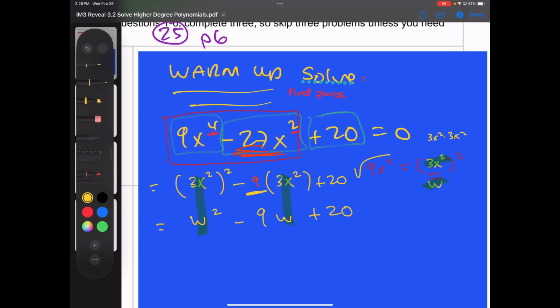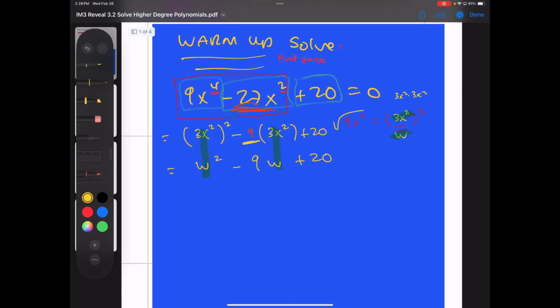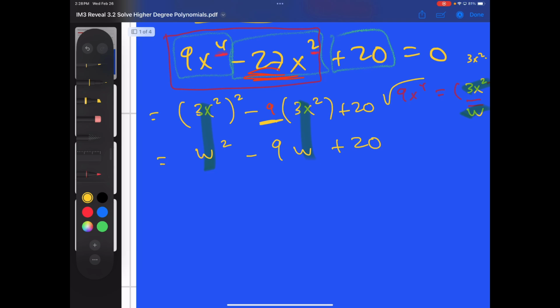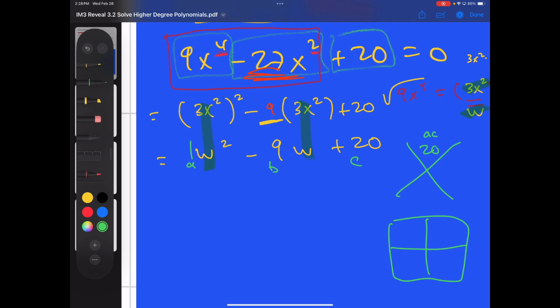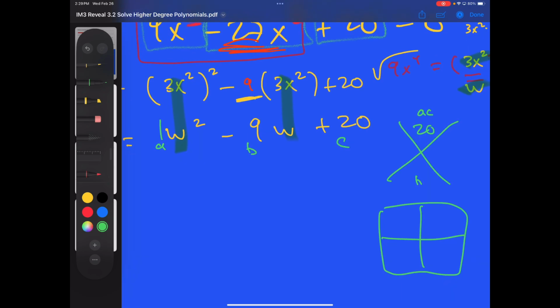I think so. Now again, you could have done X box and worked with bigger numbers. That's okay. But you and I should come to the same place. Let's go ahead and do our X box. Based off of my work, A times C is what? A is 1, B is negative 9, C is 20. So that'll equal 20. What's your B value? Negative 9.